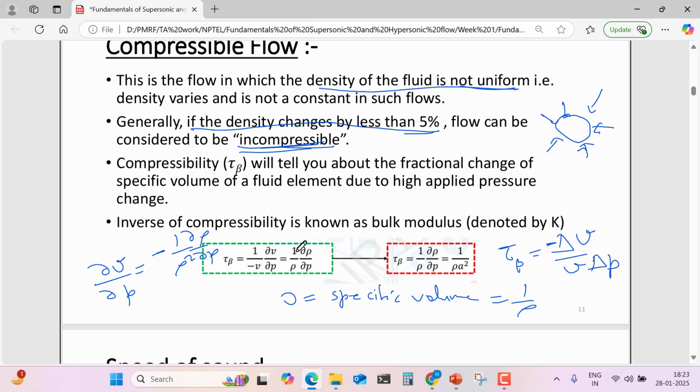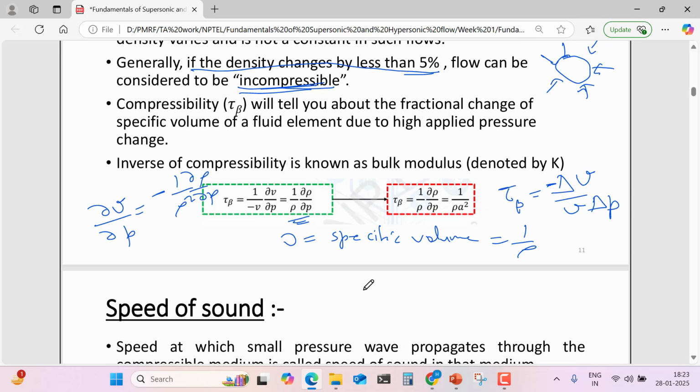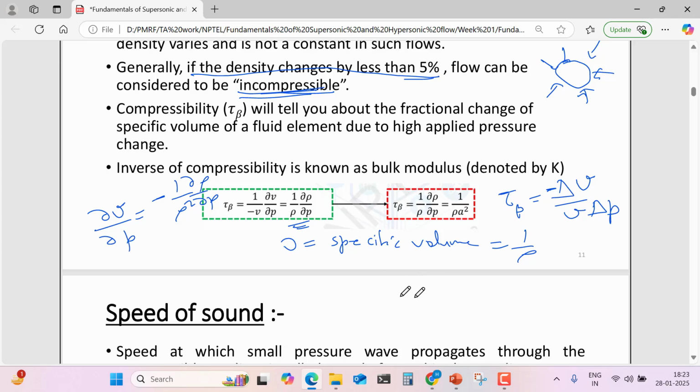If you substitute it here, you will get this equation. And there is one more relation which I will tell after this only. dP by d rho equal to a square. So it can be substituted here and you will get this equation also.